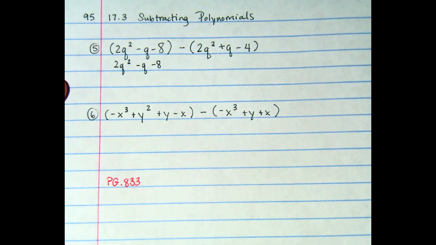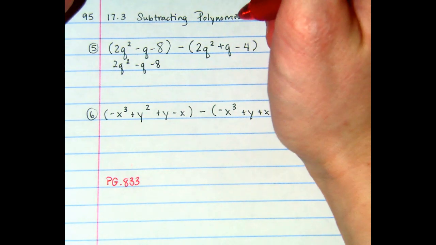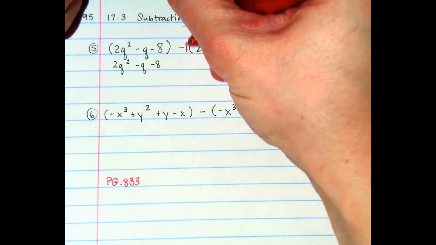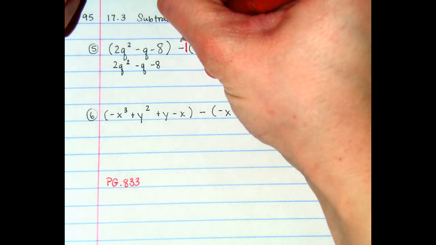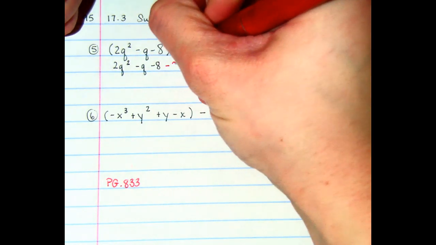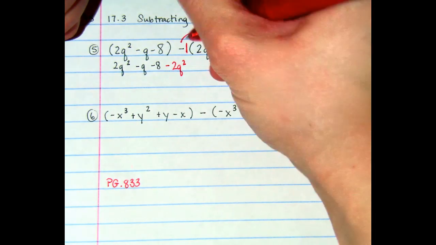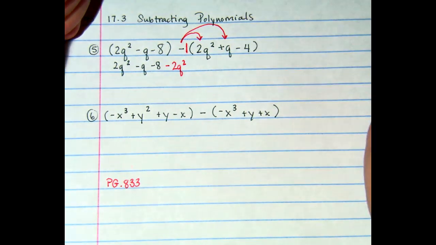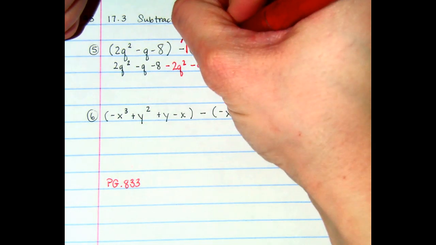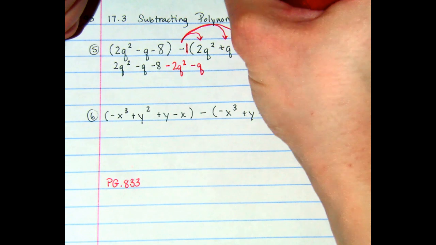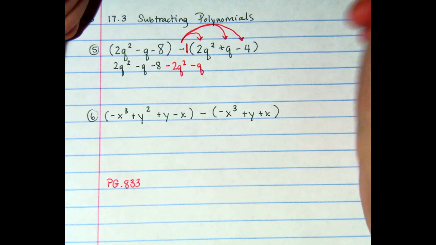Okay, then what? Okay, put a negative 1. Negative 2q squared minus q plus 4.